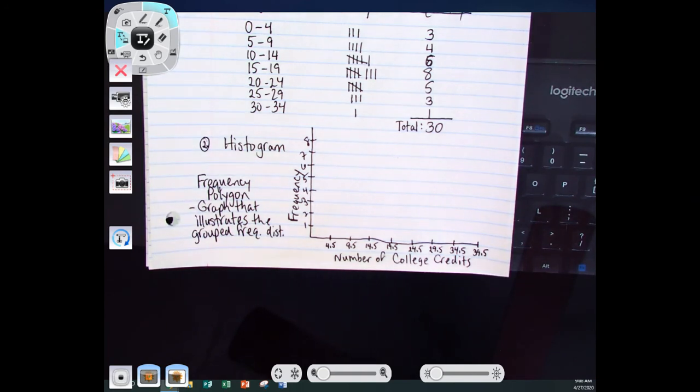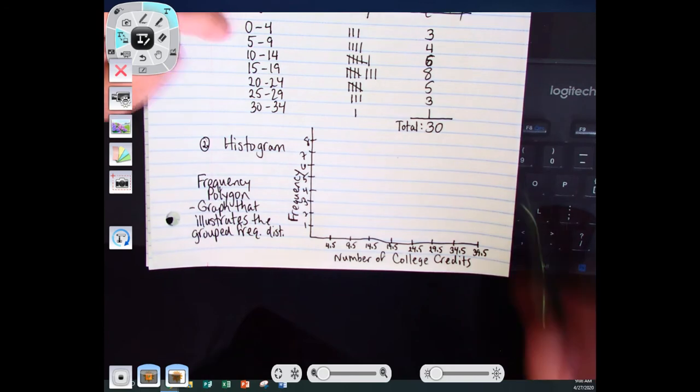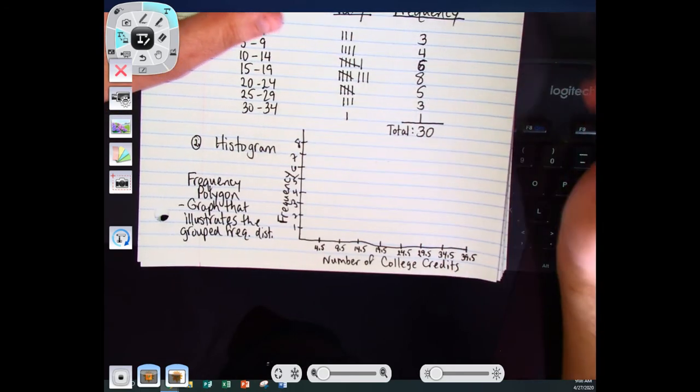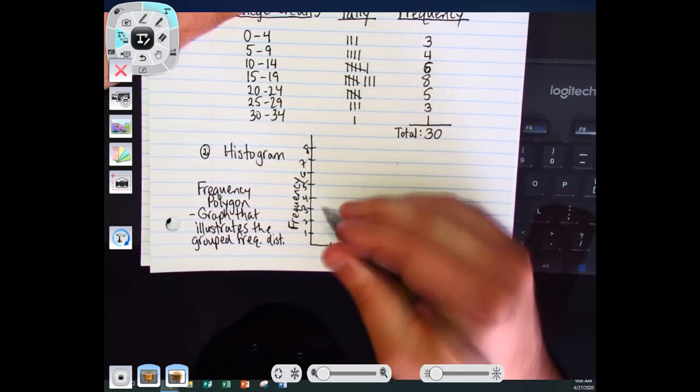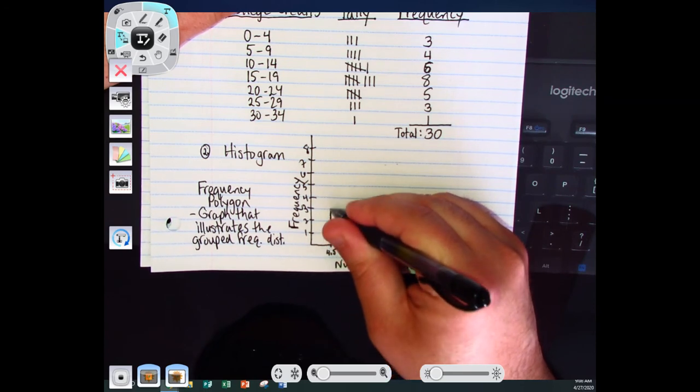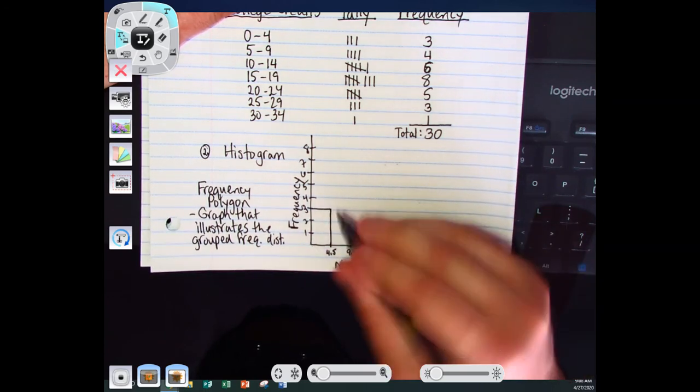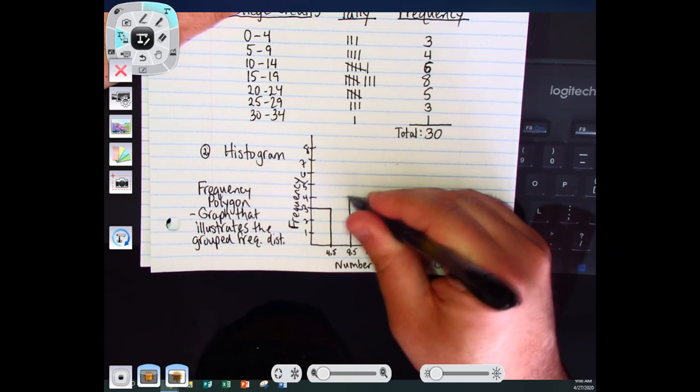So now what I can do is I can go through and use my frequencies. So at 4.5, we go up to 3. At 9.5, we go up to 4.